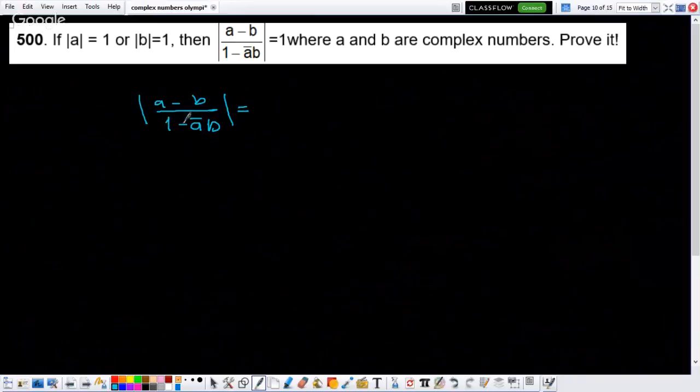It is easy for me to choose, instead of 1, I can use this one. We know that if A module is equal to 1, sorry, my writing is now inclined a bit.